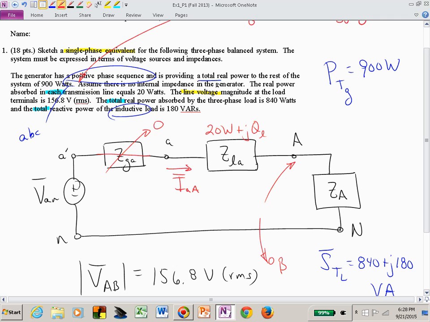What's one unknown that you will need? Capital Z sub A, the impedance, and how do you find impedance when you have complex powers? I squared R is a place to start, isn't it?